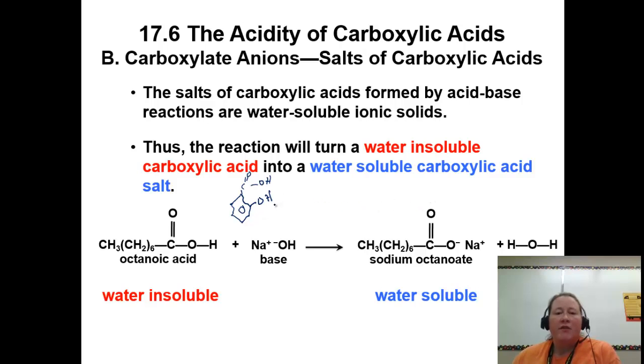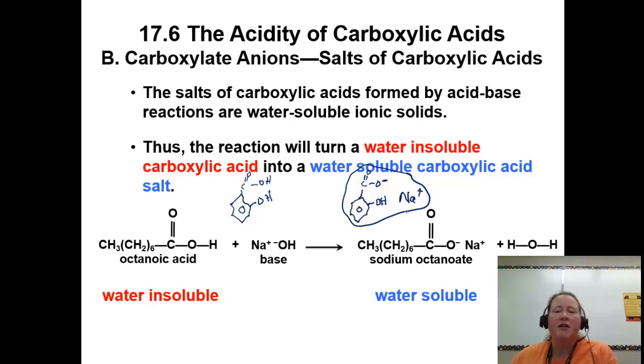So we produced a carboxylate salt in which we had, I feel like I'm drawing like a kindergartner here, the carboxylate ion. This hydroxy stays the same, and the sodium, and this made it water soluble.